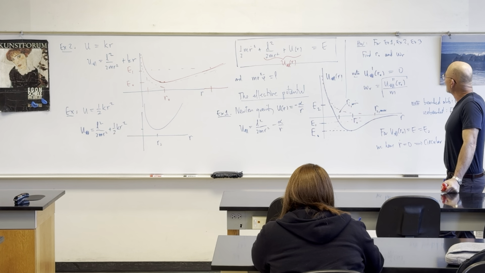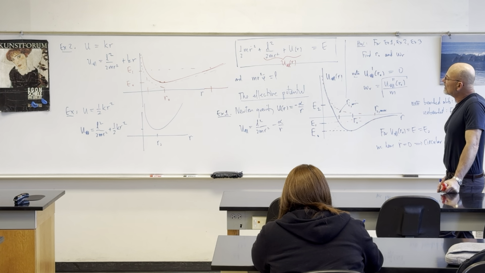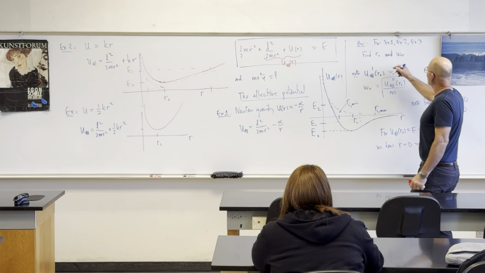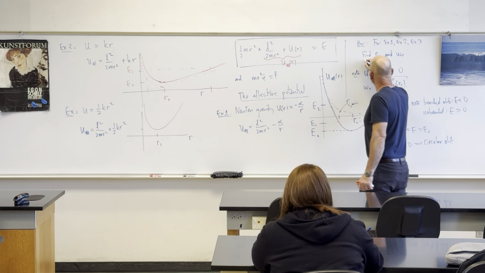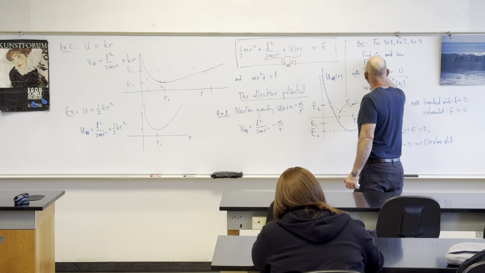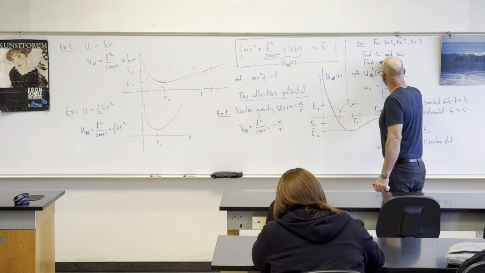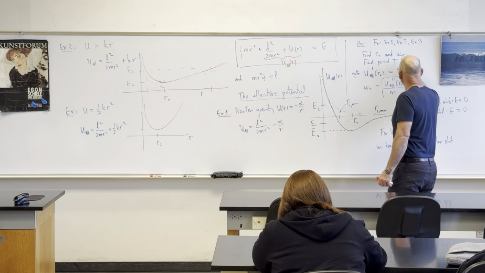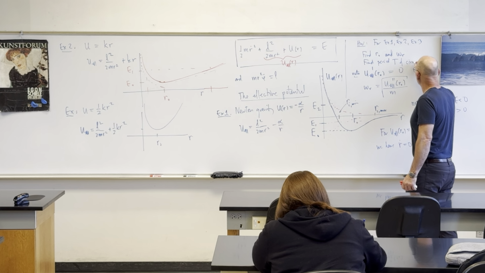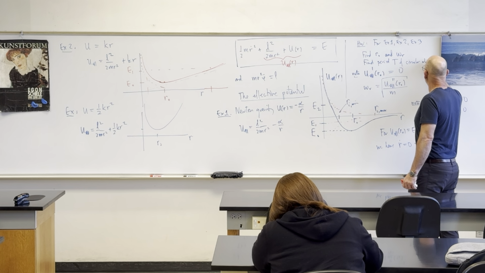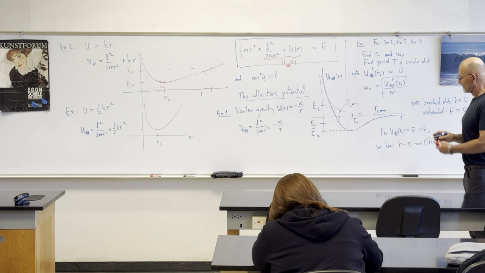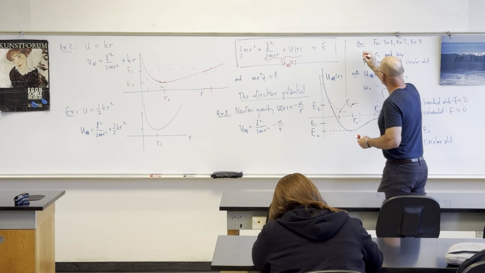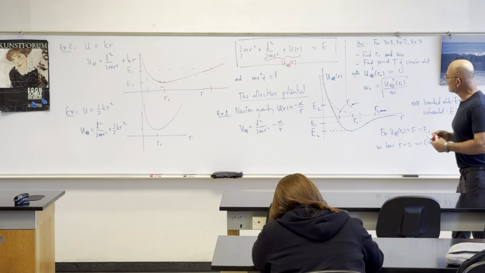We can add something. We could even find the period T, we'll call it, of the circular orbits. So you have all three of these examples.